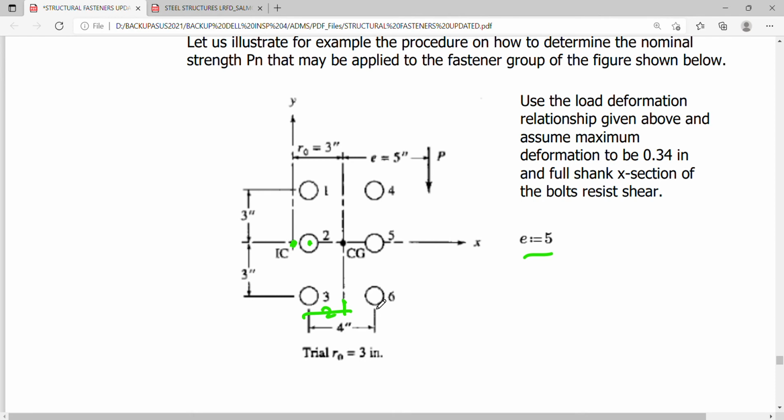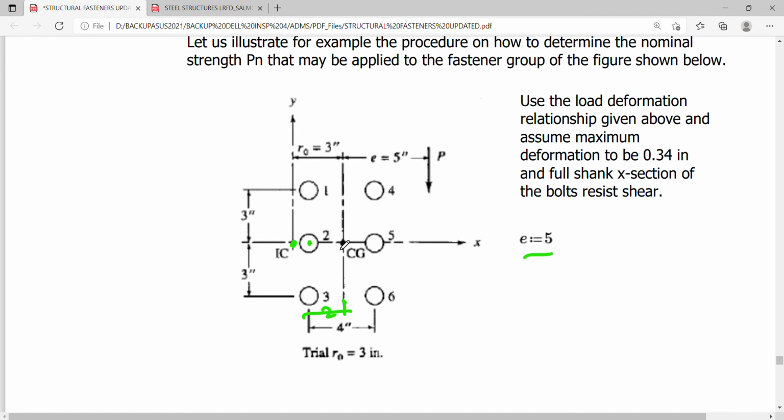minus, sorry, we are reckoning from the centroid, so here to here, okay? So this is simply reckoned from 3, so this x here is now 3 minus minus 2, okay?